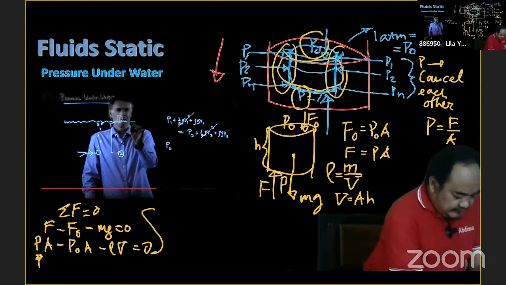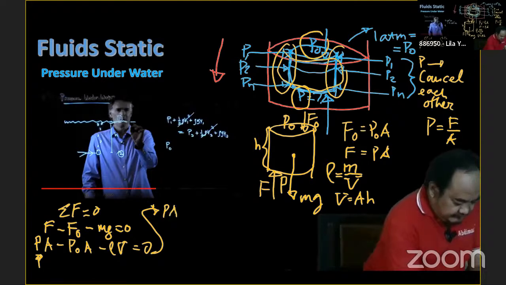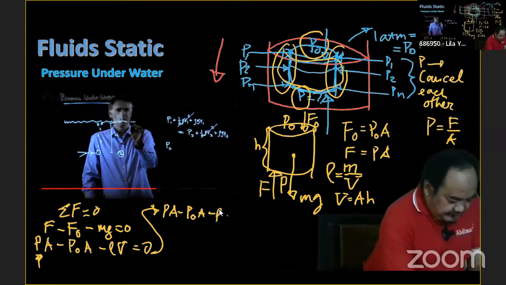I will continue in this part: P A minus P naught A minus rho, and then V can be changed into A times h.